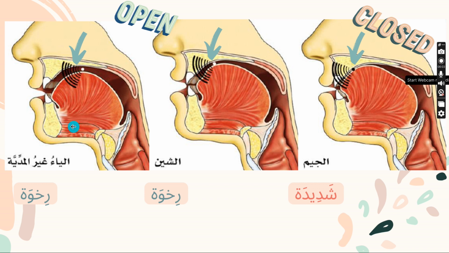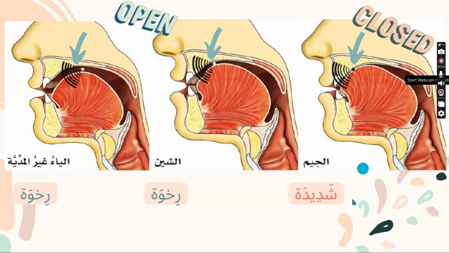If we say "yeah, ye, you," we do notice some vibration in the vocal cords while pronouncing the Ya. And there was an airflow with the Sheen. So the Sheen has this whispering character, while the Ya has no airflow, and this means that it is apparent.